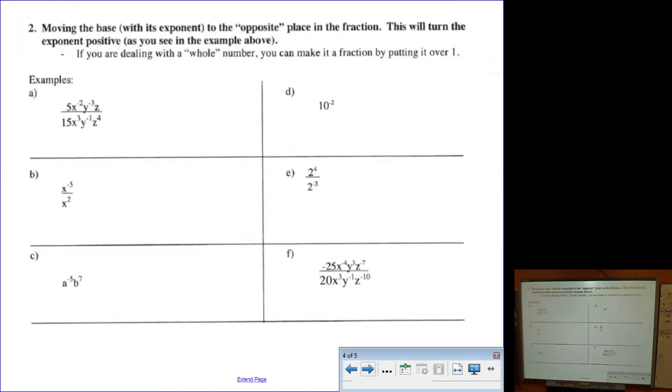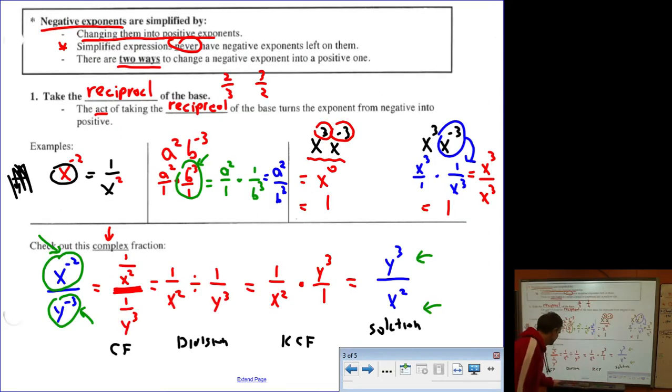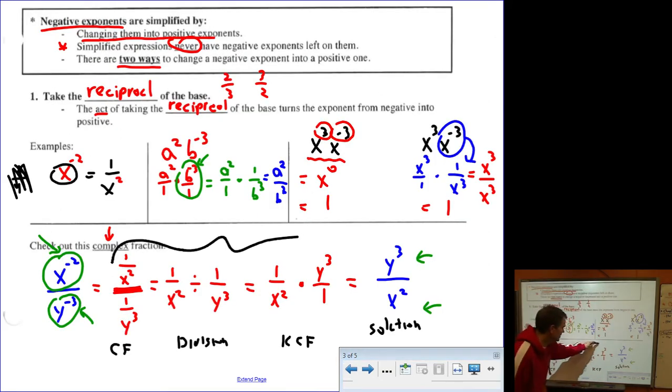And that is the rule that I have written here. All right? Moving the base with its exponent to the opposite place in the fraction turns the exponent positive. It actually is taking the reciprocal. I just don't need you to show all of this work. We're just going to take terms that are in a fraction and move them to the opposite place in the fraction.